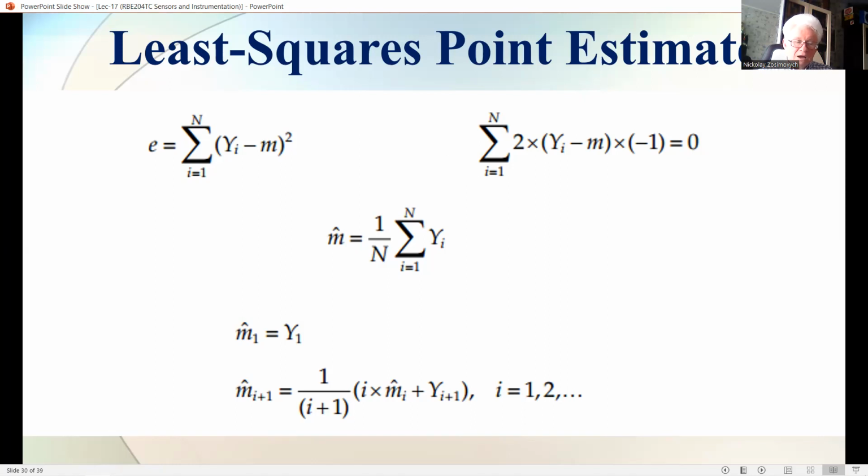So we get the third equation for our m hat here in the middle of the slide.